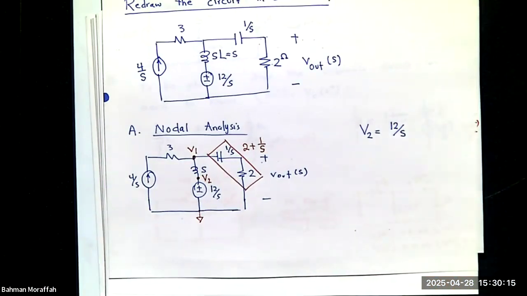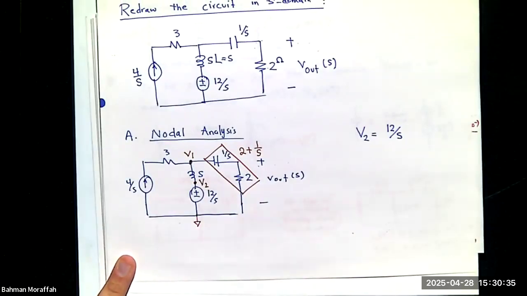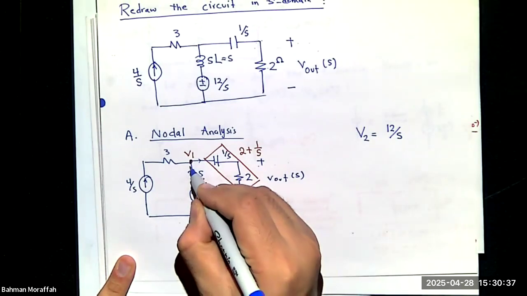All I have to do is write a KCL at the top node. And then I'm done. Right? What does KCL tell me? It tells me whatever current is going in must be the same as the current that's coming out. So I'm going to give a direction to whatever element, whatever branch, I don't have a direction for. So let's just say this is going out, this is going out.